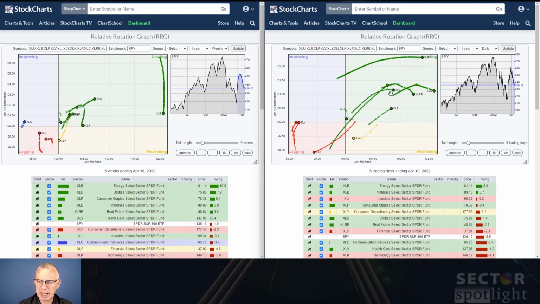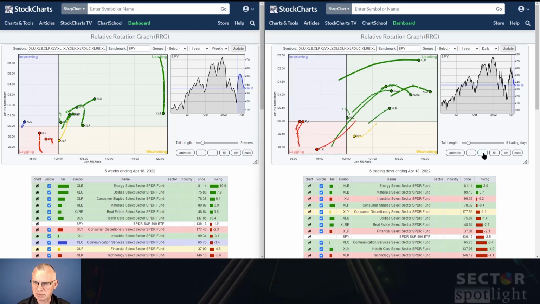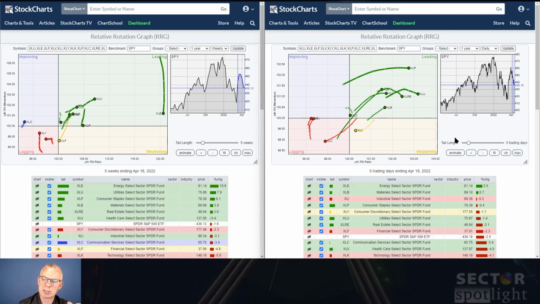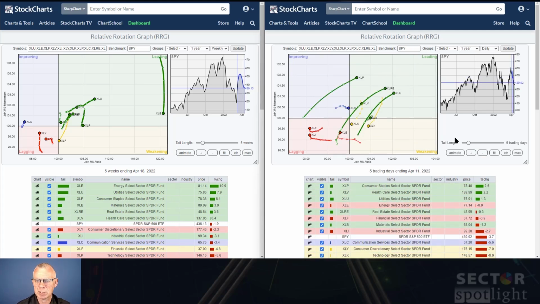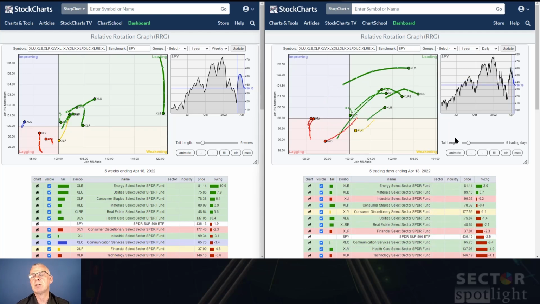Because if we plot back, it's a nice exercise, if you give a little bit more space and you say 1, 2, 3, 4, 5, this is where we were last week, and now 1, 2, 3, 4, 5, you can see what happened over the last 5 days. What I want to try and do right now is take the sectors apart into cyclical, defensive, and sensitive.